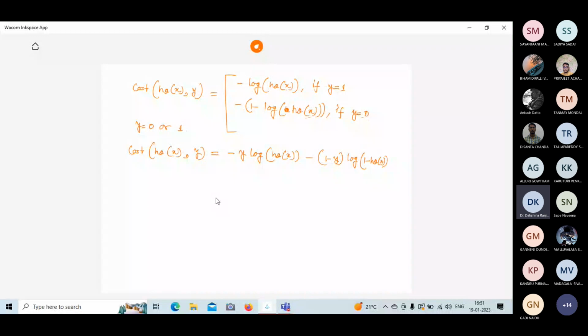Now we will see that if the class level y is found to be 1, what will happen to this cost function?